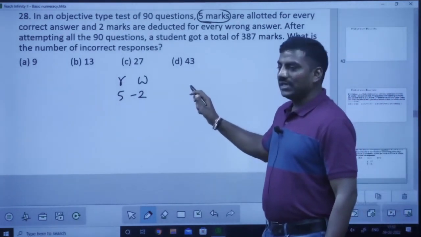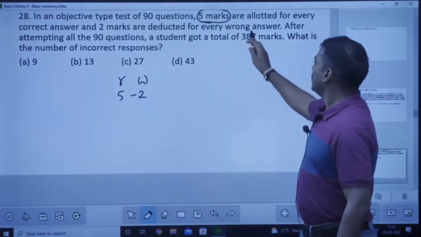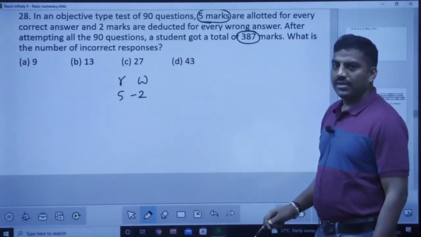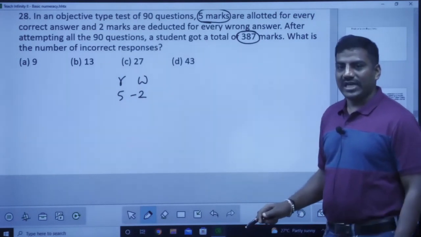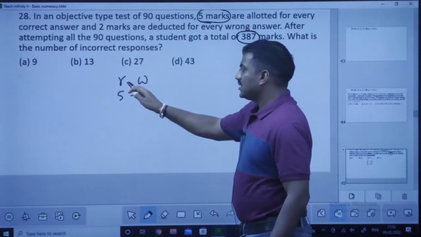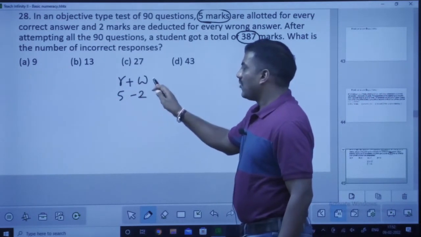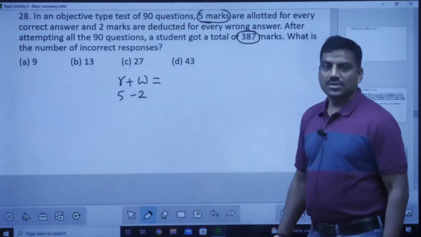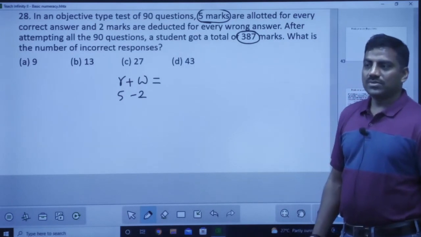And finally, his score is how much? 387. Here, tell me, when he has not left any question, his number of right questions plus number of wrong questions, how much? 90.